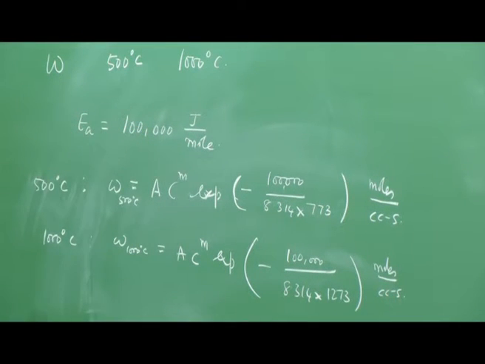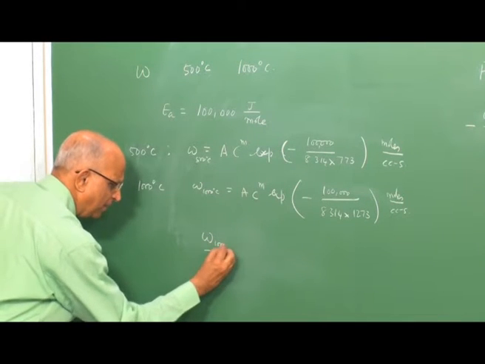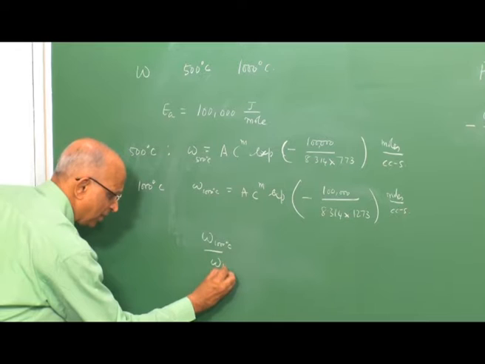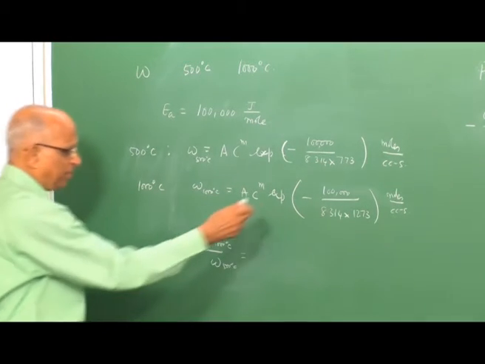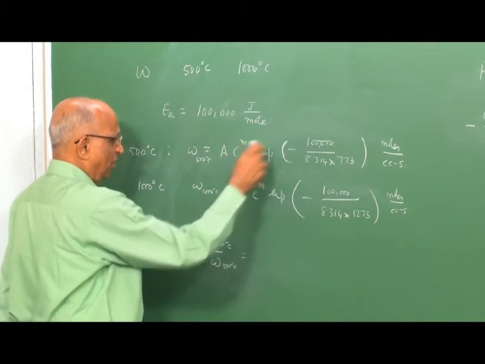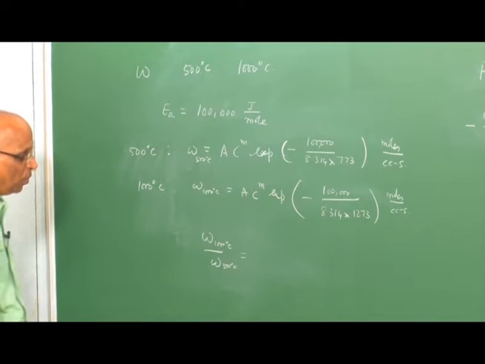If I were to find the ratio of the reaction rate constant at 1000 degrees centigrade divided by the reaction rate constant at 500 degrees centigrade, what is the value I get? I get exponential of this divided by exponential of this, because I presume that the concentrations of the reactants are still the same to begin with.